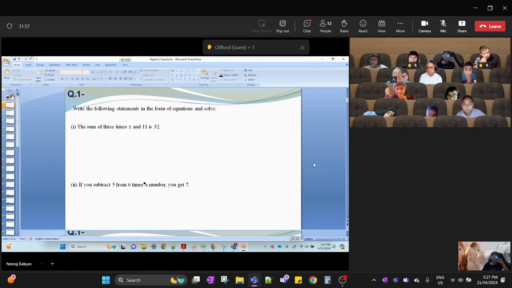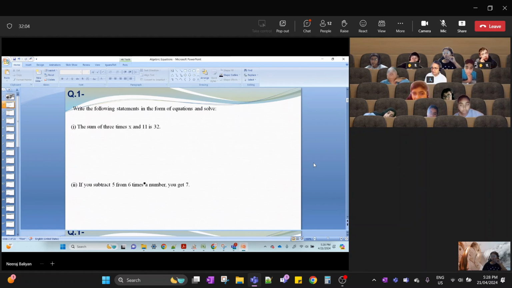The sum of 3 times x and 11 is 32. So first thing you have to do here is write the equation. In the previous class, we did a lot of practice writing expressions. We have to use that skill here. So what will be the equation?